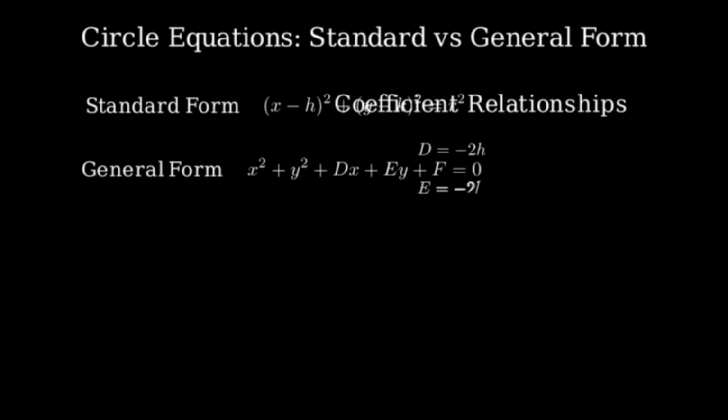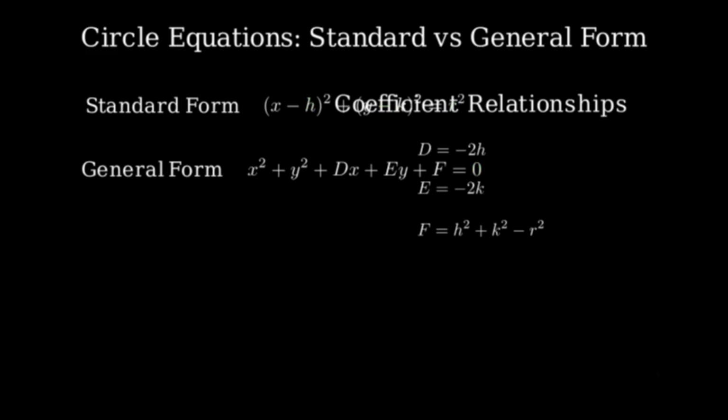Similarly, the second relationship shows that e equals negative 2 times k. This relationship emerges when we expand the y minus k squared term, which gives us y squared minus 2k times y plus k squared. The third relationship is that f equals h squared plus k squared minus r squared. This comes from combining the constant terms after expansion.